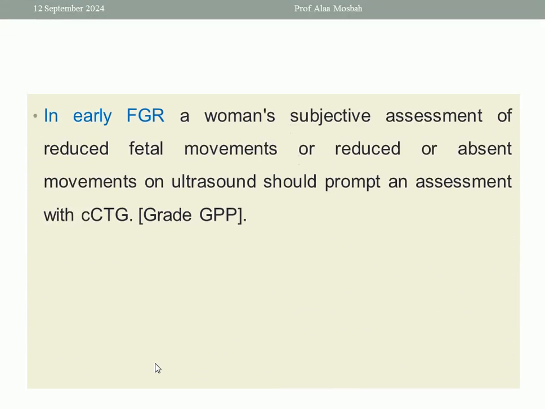In early fetal growth restriction, a woman's subjective assessment of reduced fetal movement, or reduced or absent movement on ultrasound, should prompt assessment with computerized CTG.